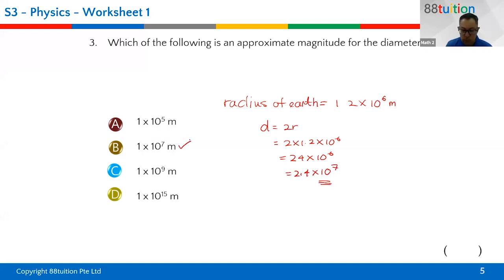Let's say you're not very sure what's going on. Just remember, radius of Earth, the magnitude is 10 power 6.